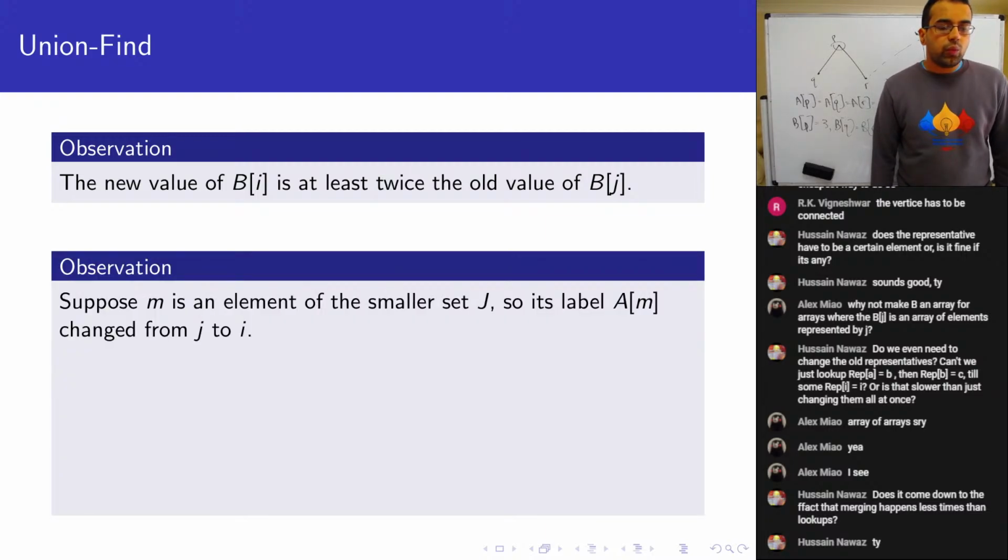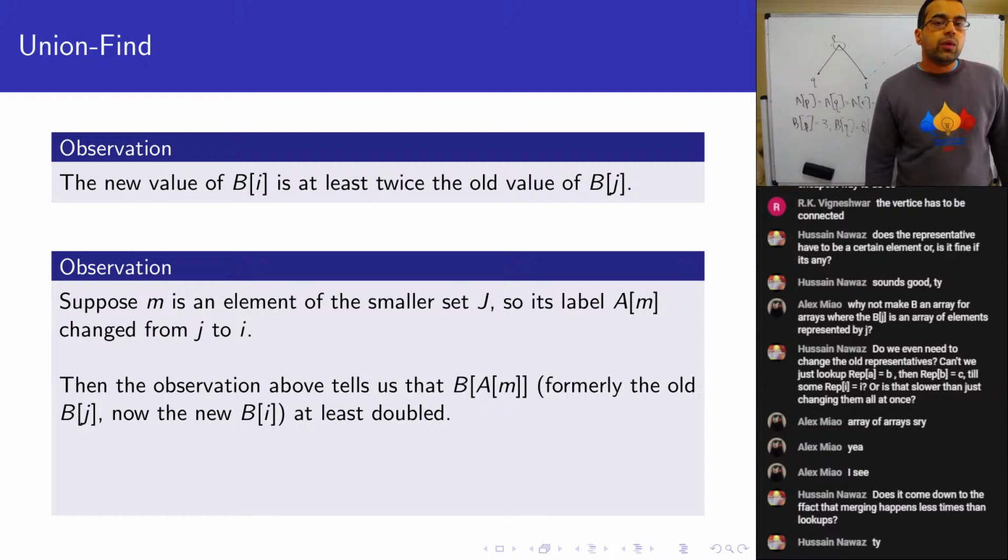And why does this matter? Well, suppose we consider an element m of the smaller set. Its label a of m used to be j, and now as a result of this merge, it has changed to i. What's the impact of this? Let's consider b of a of m.